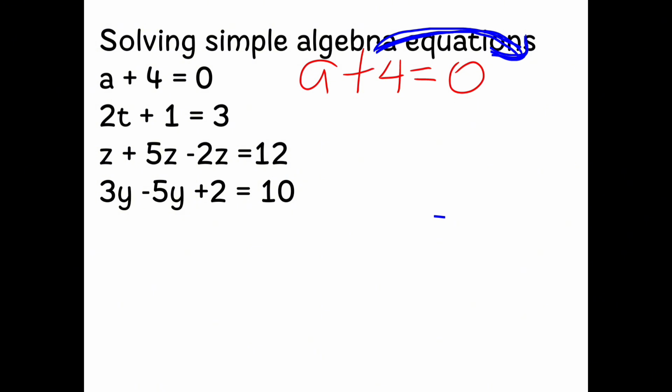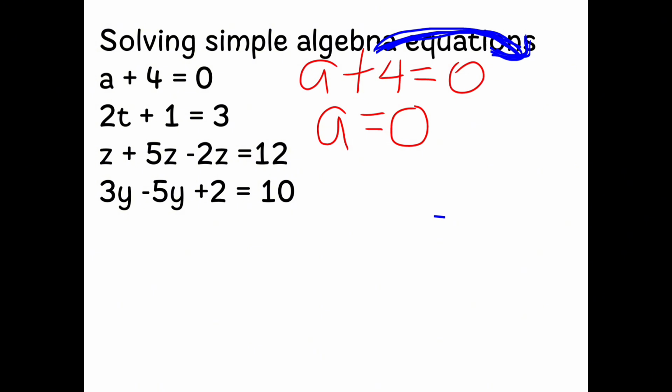So from a plus sign, it will change to what? A minus, right? So we have what? A is left on the left hand side equals to, we have 0 on the right hand side already. It is only plus 4 that is moving.